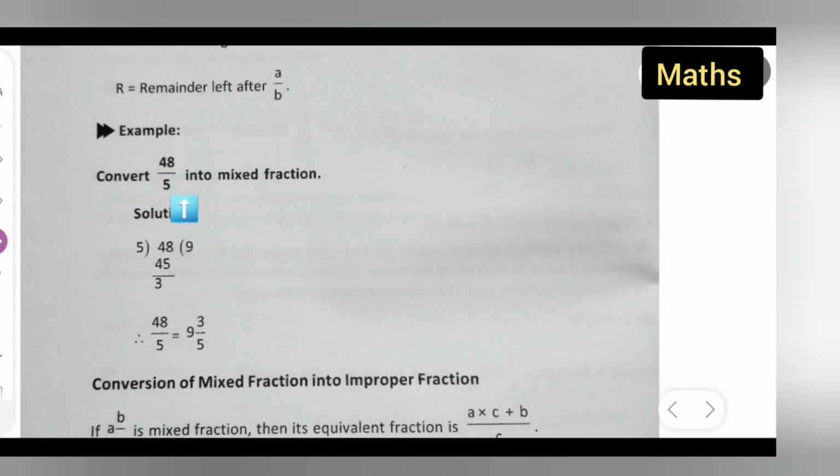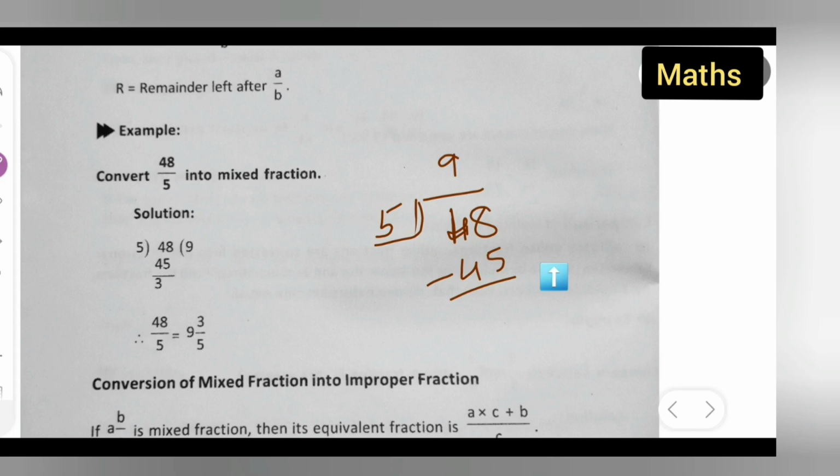So convert 48 upon 5 into a mixed fraction is given, right? So how are you all going to convert? Divide this. Okay, you all have to divide this. Here the denominator will come here, 5 and 48. Okay, see, denominator here and numerator here. Then 5 nines are 45, and 48 minus 45 will give you 3.